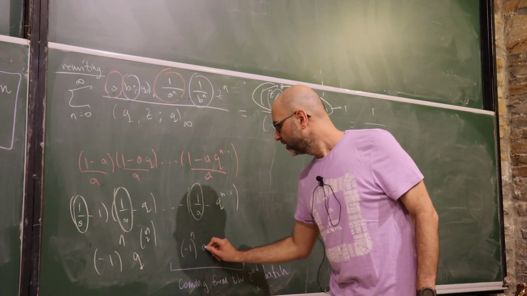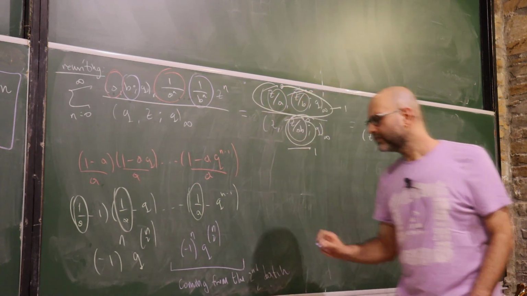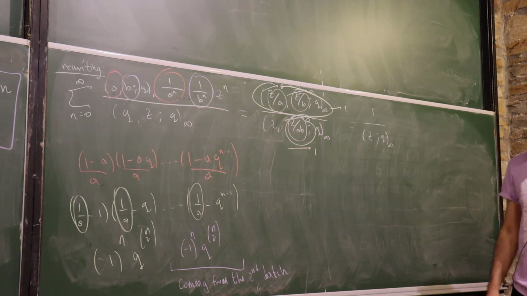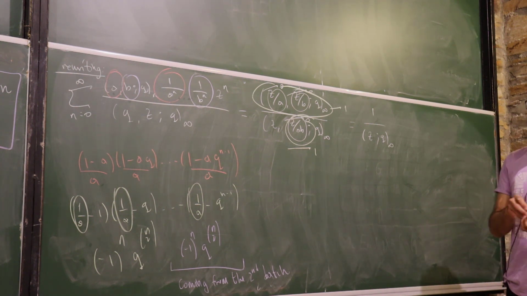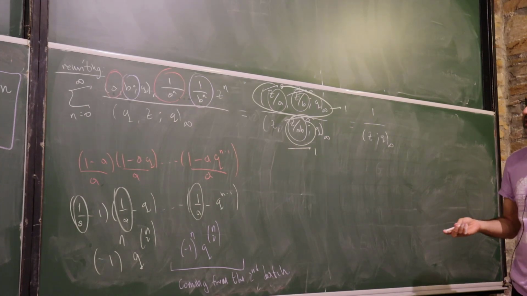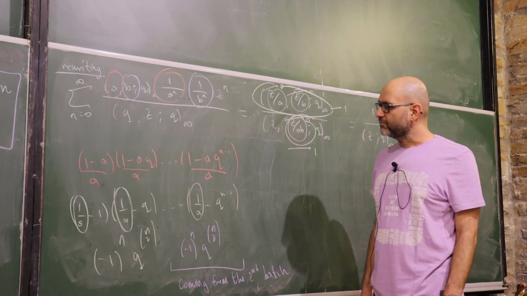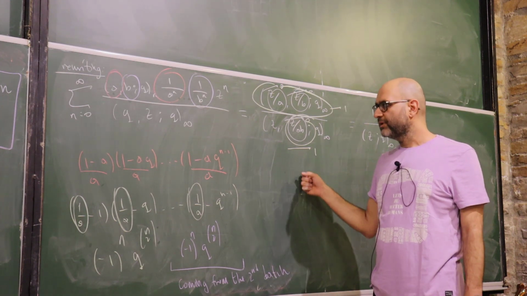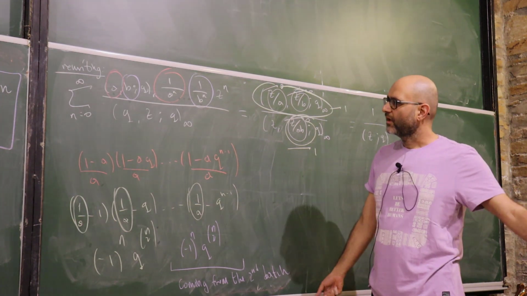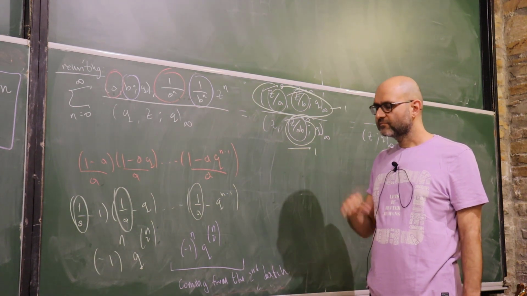Minus 1 to n, q to n minus 2, n choose 2. Minus 1 to n, minus 1 to n, when multiplied, they give us plus 1. And n choose 2, 2 of them together will give us q to n squared minus n. And we have a new identity.